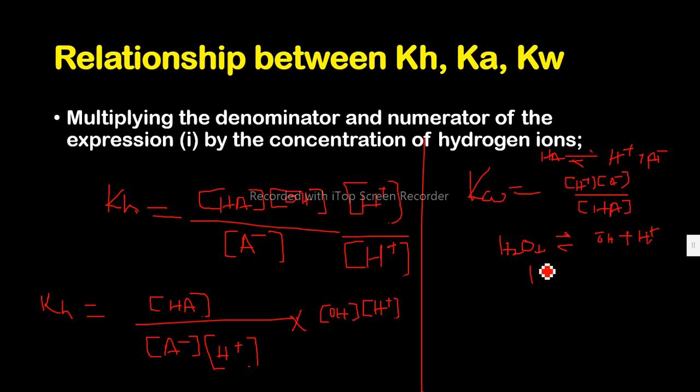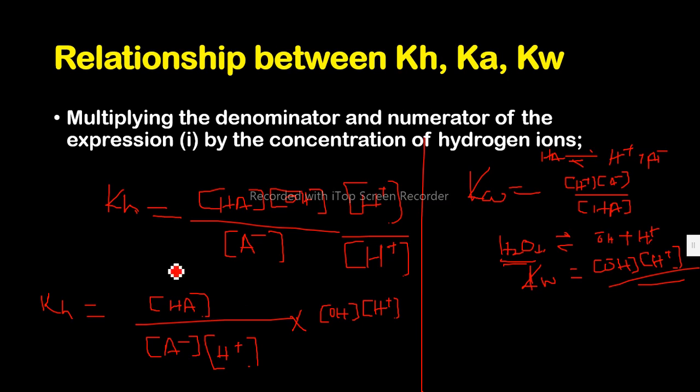So are you aware that from this I can get the Kw as the concentration of OH ions times the concentration of hydrogen ions, divided by the concentration of water? But since water is our solvent, it is in large excess, so its concentration is assumed to be unity. So therefore, our Kw is simply this.